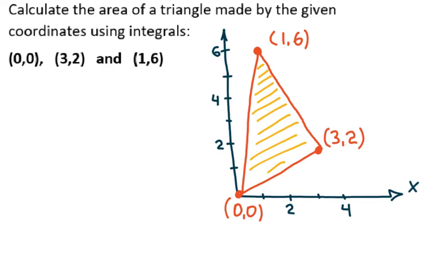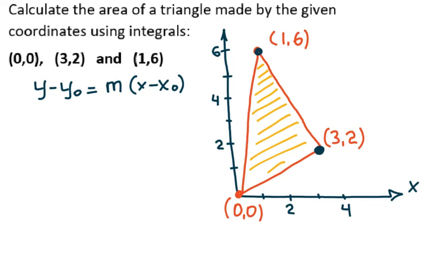So if I take these 2 points and use the point slope form of the equation of a line, I have y minus y sub 0 is equal to m times (x minus x sub 0), and I'm going to use one of the points.